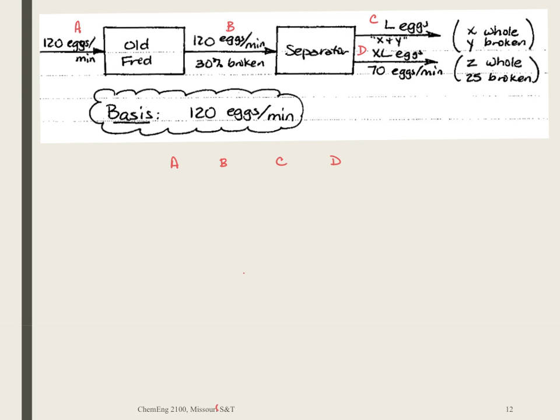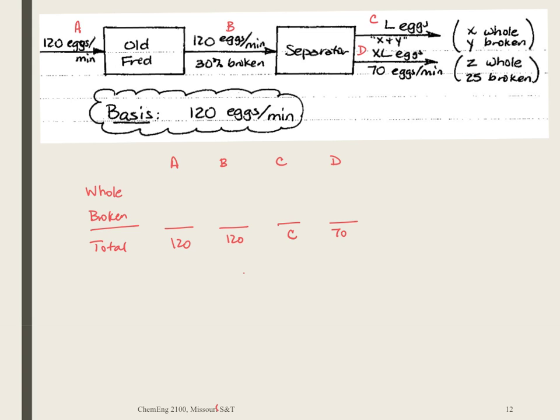I have whole eggs and I have broken eggs, which add up to the total. The total in stream A is 120, as is the total in stream B. The total in stream C, I don't know, I'll just call it C, and the total in stream D is 70 eggs per minute.